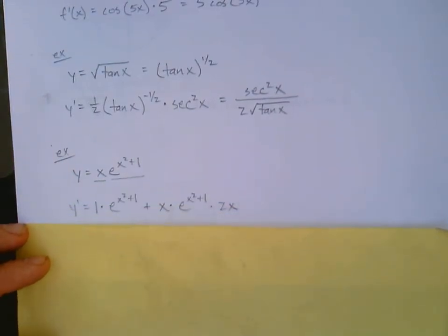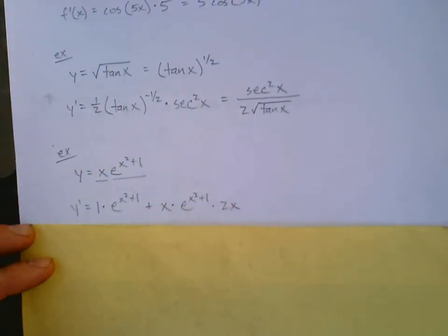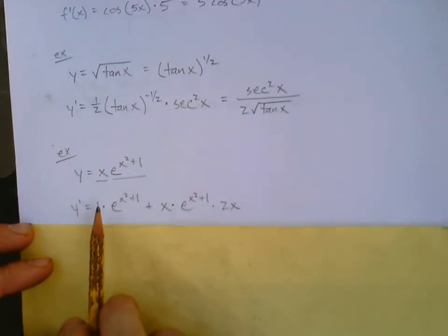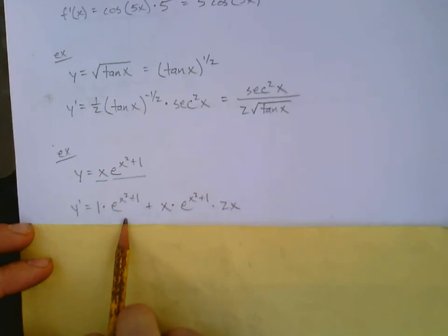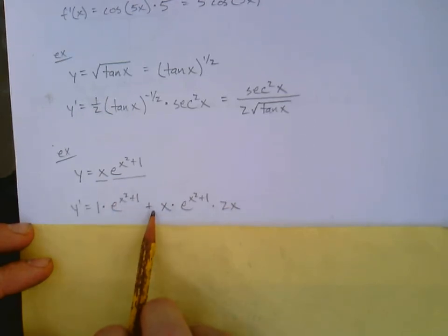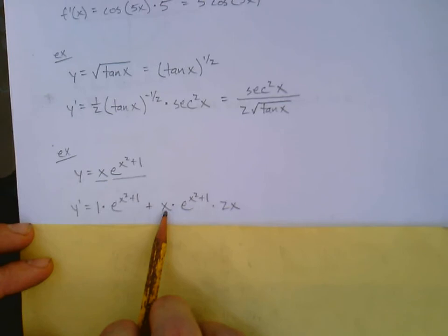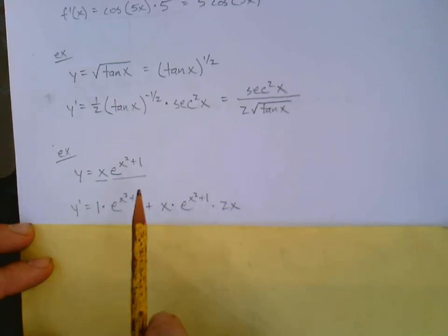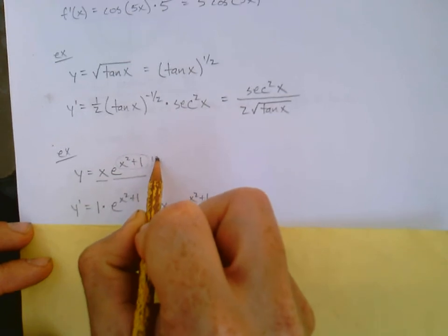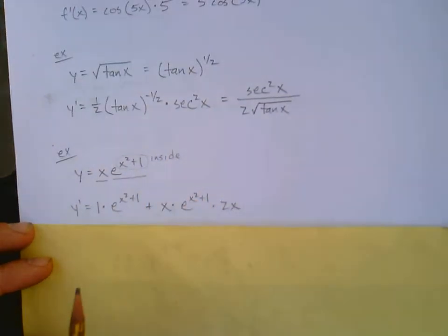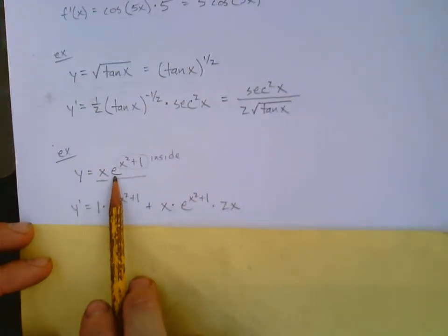Okay, well, here it is. Just wrote the whole thing out. y prime, our product rule would say 1 times this left alone, so we just copy it, plus copy the x times, and now here comes our chain rule. What we see right here, of course, is the inside. So the outside is e.